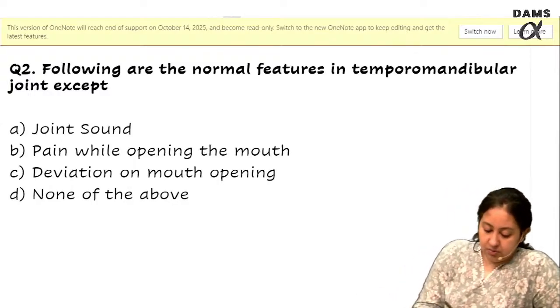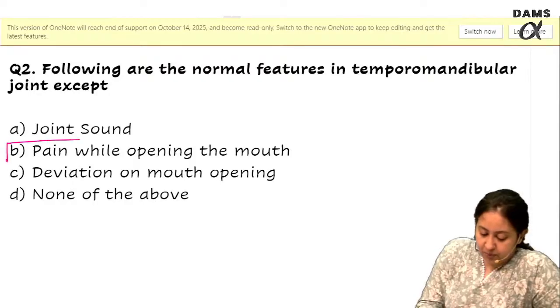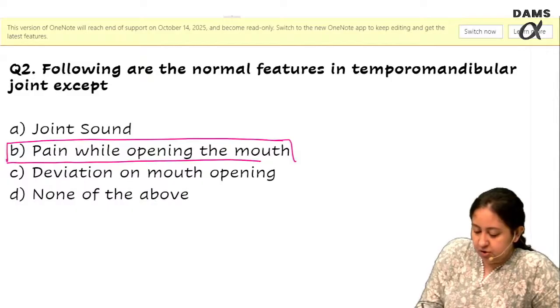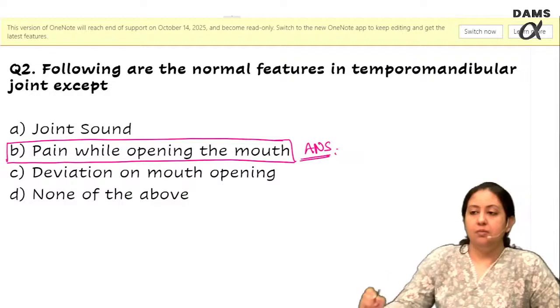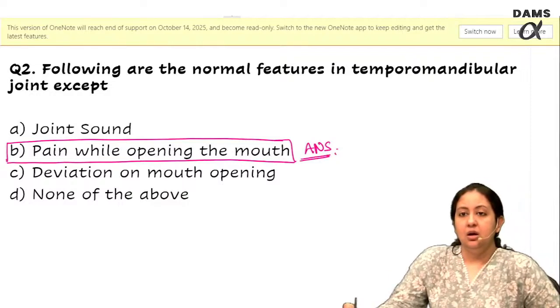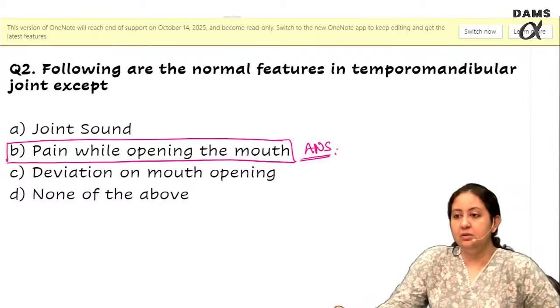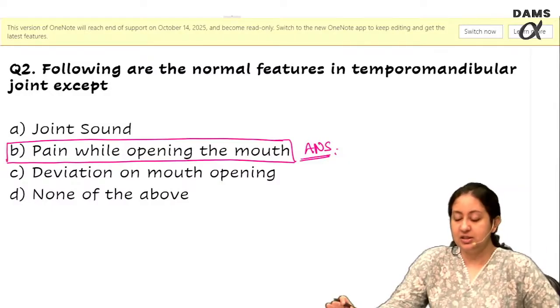So pain while mouth opening, or pain on chewing, or just pain, can never be present in a normal joint. It can never be a normal feature of a TMJ. Is it understood to everyone? I hope it is clear. Harkirat, Aarti, the question is clear to all of you now?